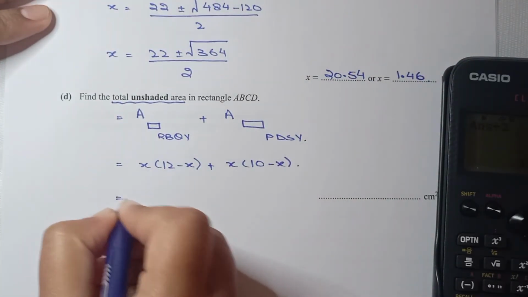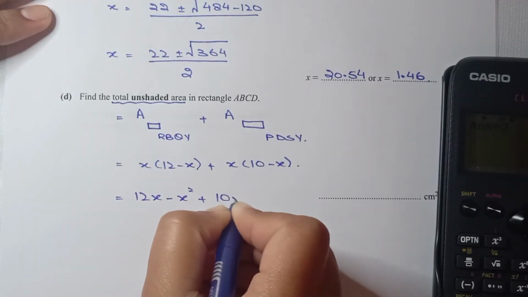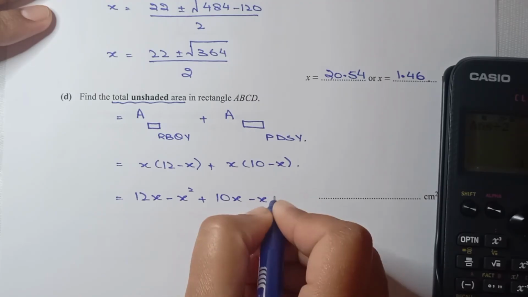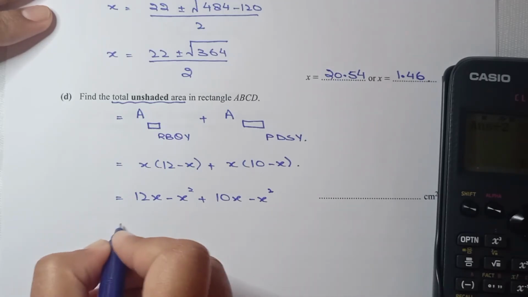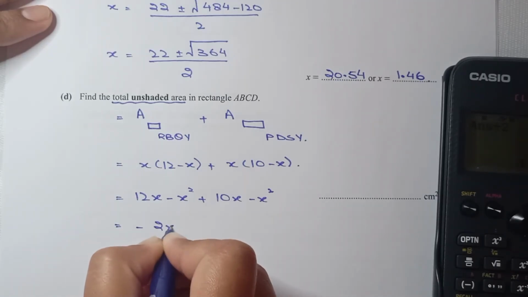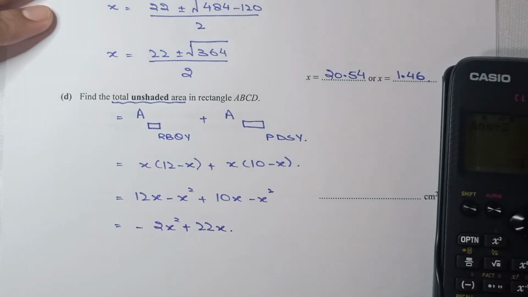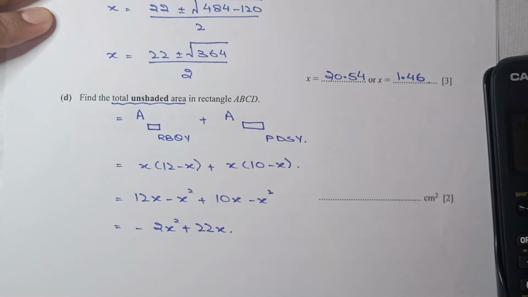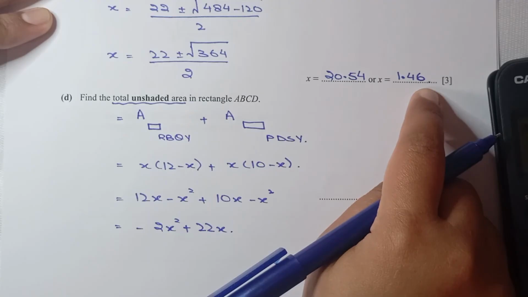It would be 12x minus x square plus 10x minus x square. So we have negative 2x square and positive 22x. Here we need to use the value of x that we got from the C part. x can be 20.54 or it can be 1.46.